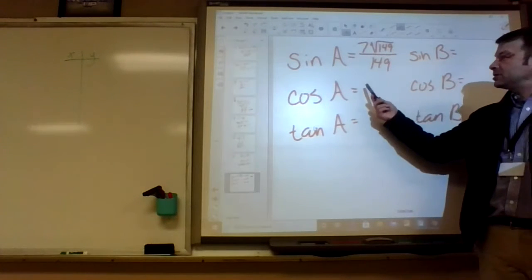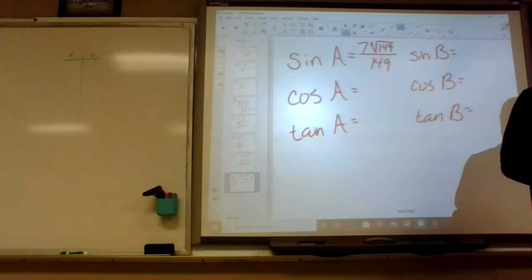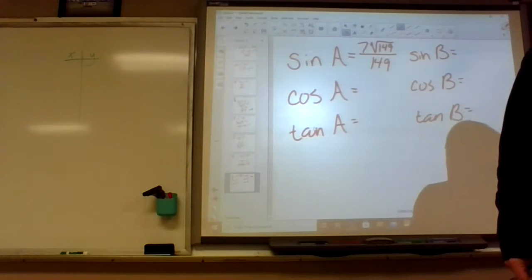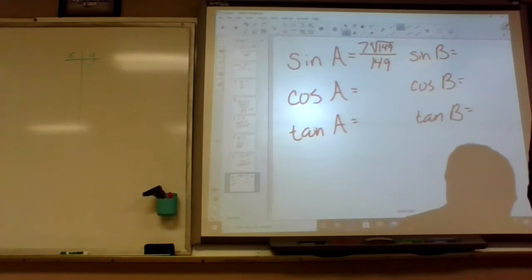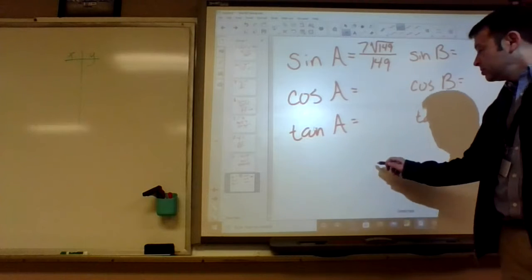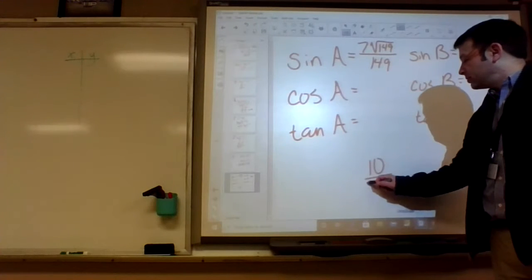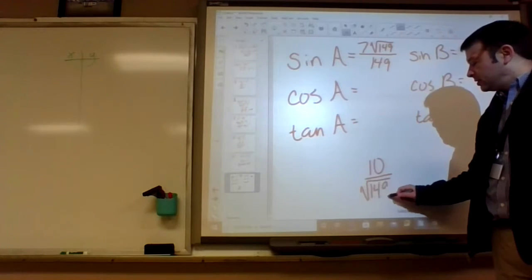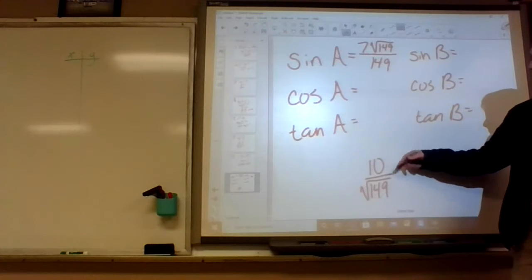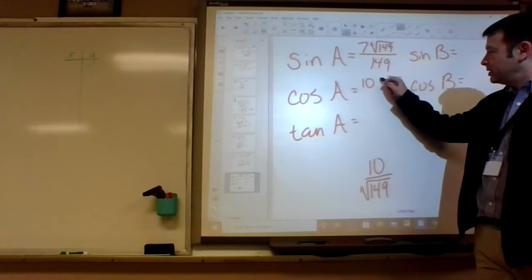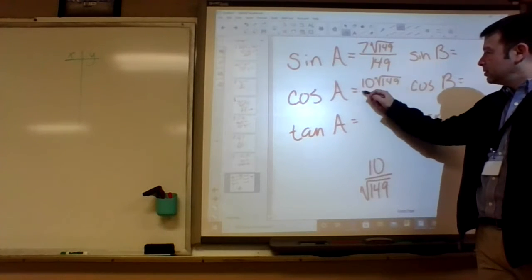You guys probably forgot. Cosine of A. Cosine is what over what? Adjacent over hypotenuse. Adjacent of A is 10. Hypotenuse is square root of 149. So if you multiply by square root of 149, you'll get 10 square root of 149 over 149.